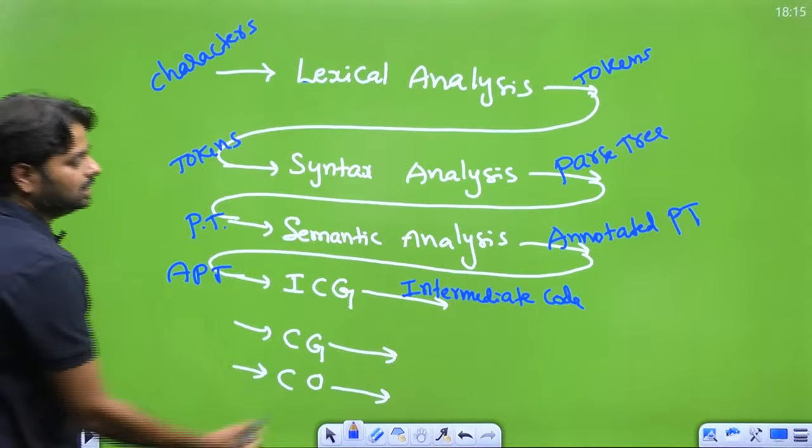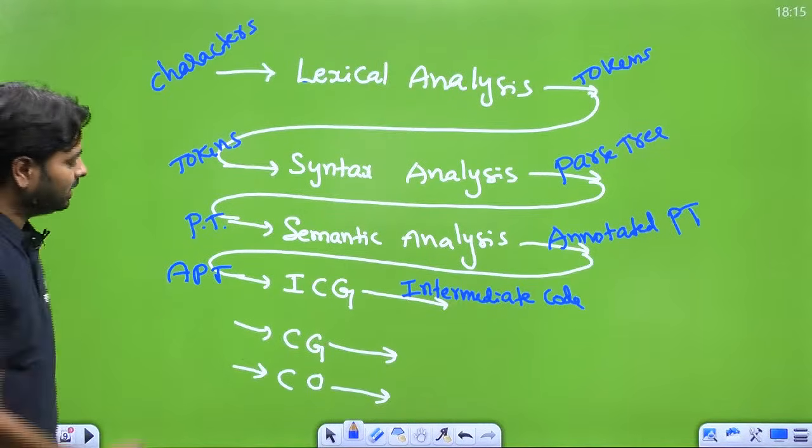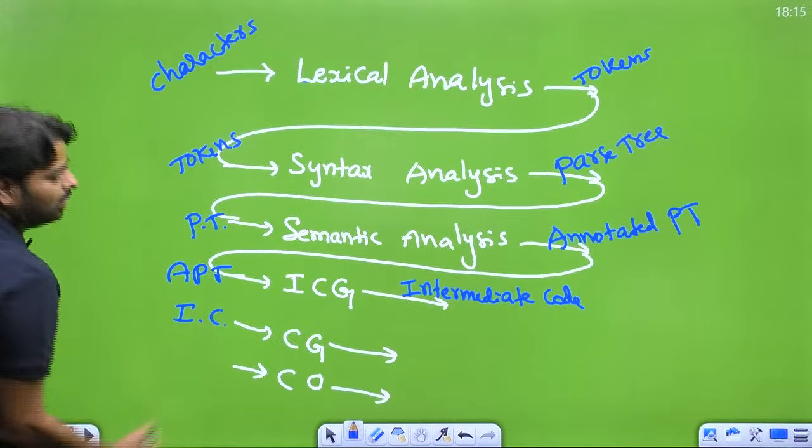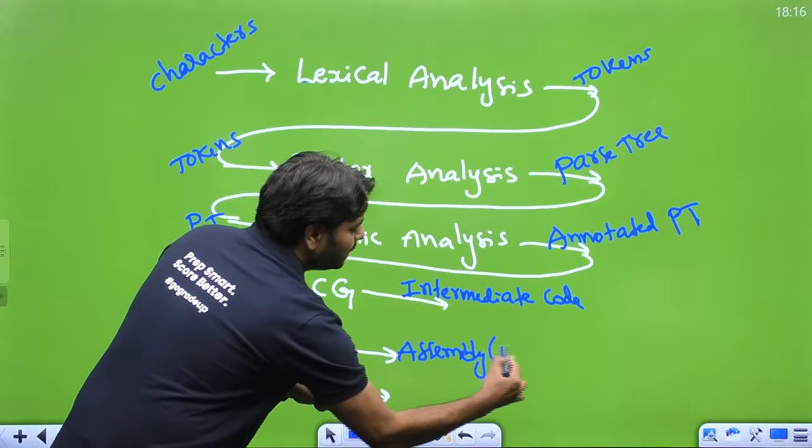I'm not taking code optimization. Actually, code optimization is there, I'm just not writing it. I'm writing intermediate code, and it produces assembly code, target code, assembly or target.